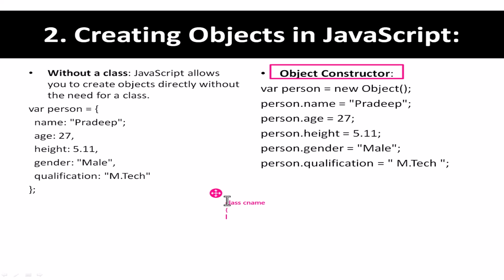Now if you want to access this particular class in another class, class 2, the class 2 will have a public static void main. Inside that you are going to define cname object equal to new cname. Then you open the brace and close the brace.